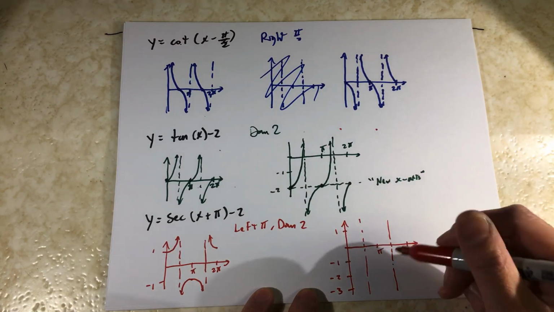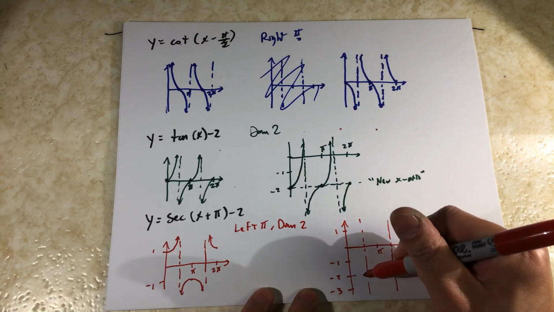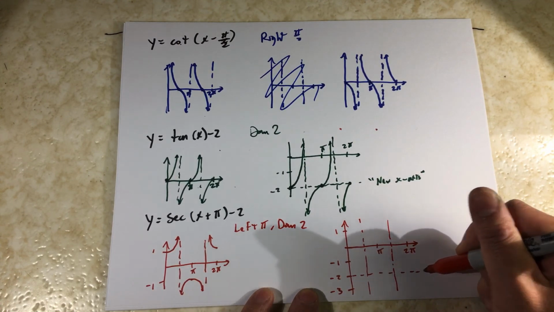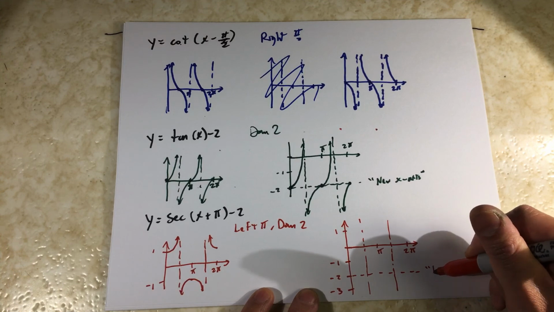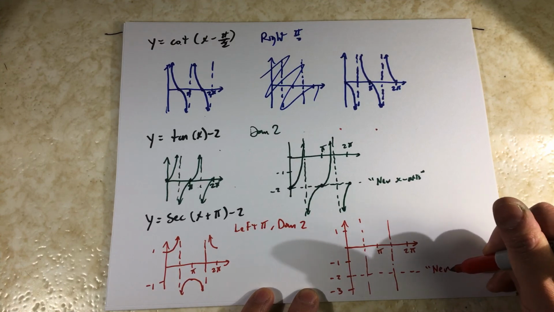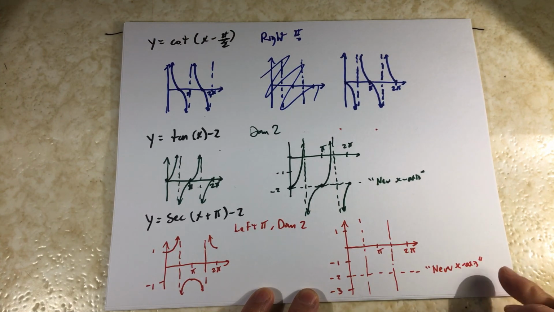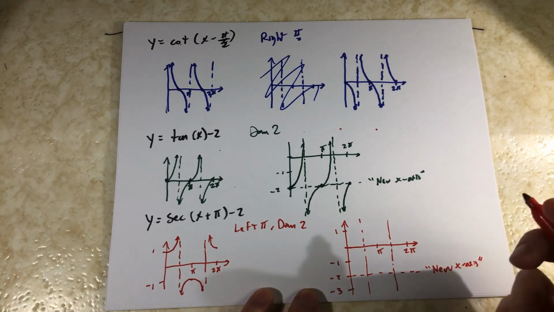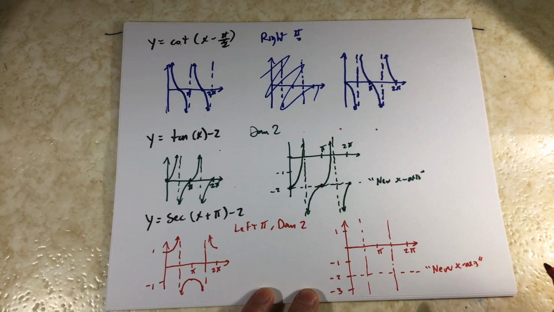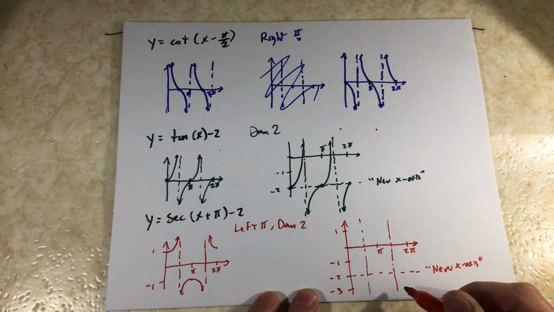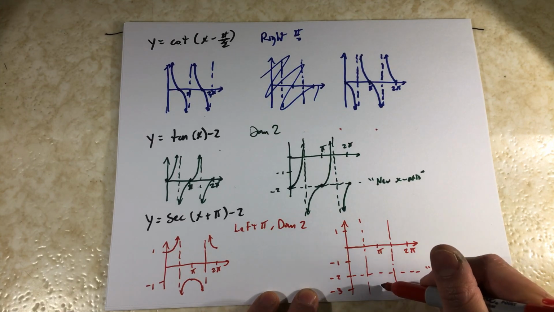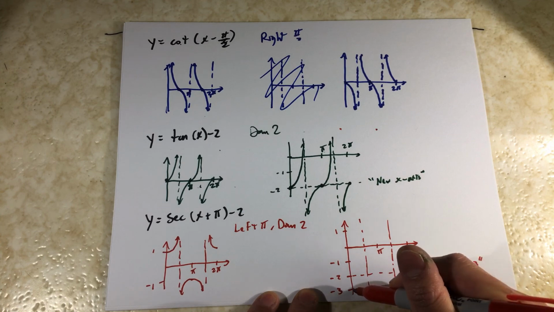The other thing, we're down 2, so I'm going to redraw my new x-axis. Quote, new x-axis. I may be the only person that actually writes this down, but that's how I think about it. And so we're shifting to the left. Before we had a point over here, we're going to shift it over here.